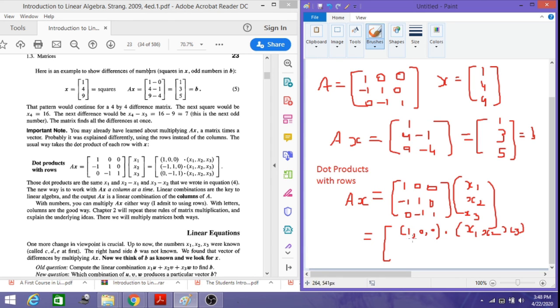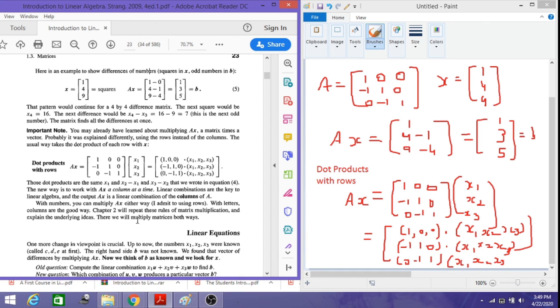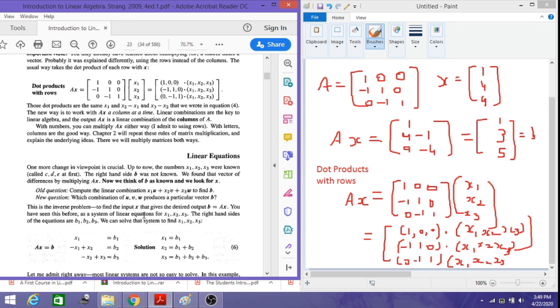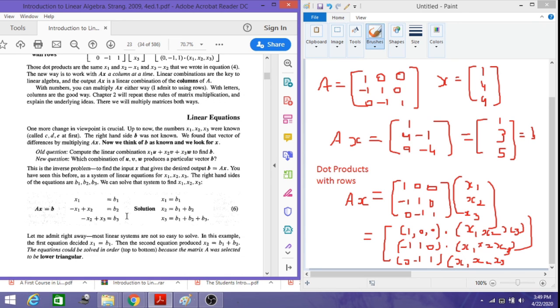Likewise (minus 1, 1, 0) dot product with (x1, x2, x3), and the last one is (0, minus 1, 1) dot product with (x1, x2, x3). So this is a general form of writing the dot product in terms of rows.